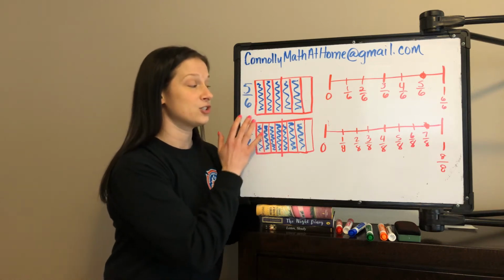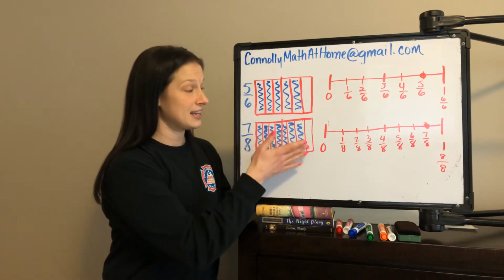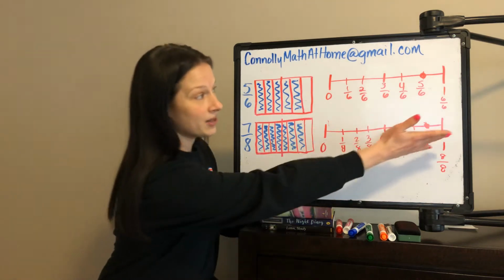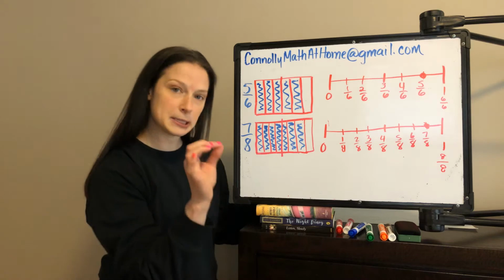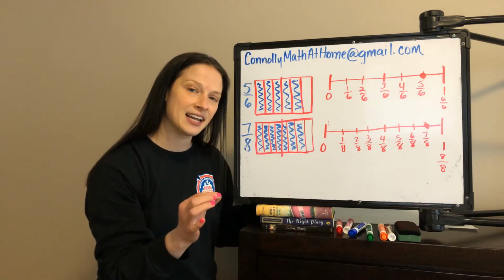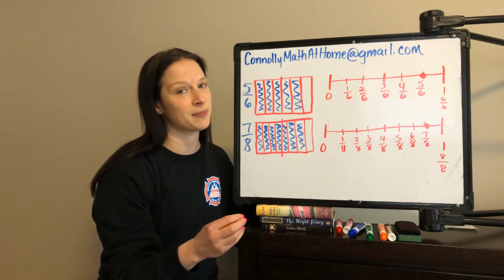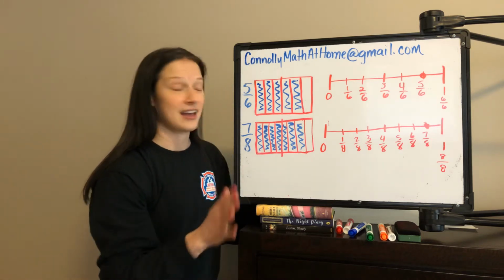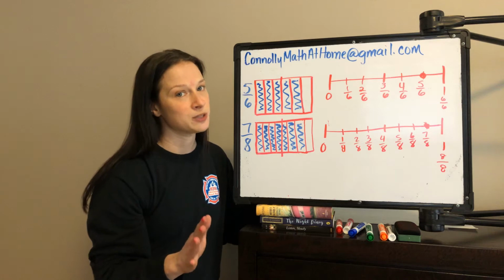It's hard to accurately draw sixths. And it almost looks like they're the same size. Okay, on the number line, one of them looks slightly larger, but again, I can't say for sure from looking at my representation because I drew it, I didn't use a ruler, I don't know. I don't know for sure which one's bigger.